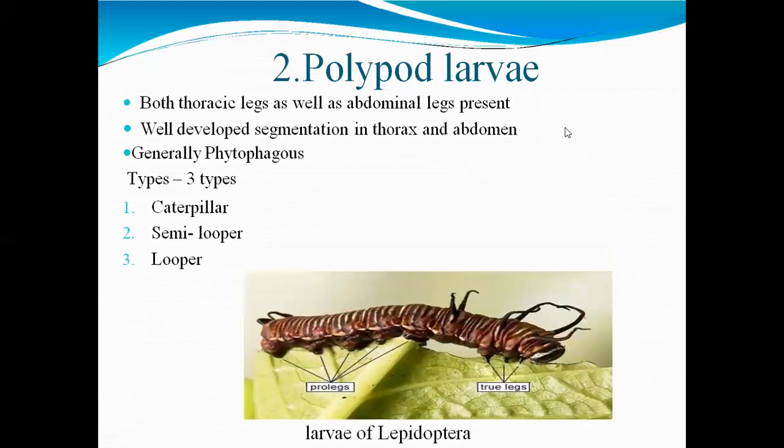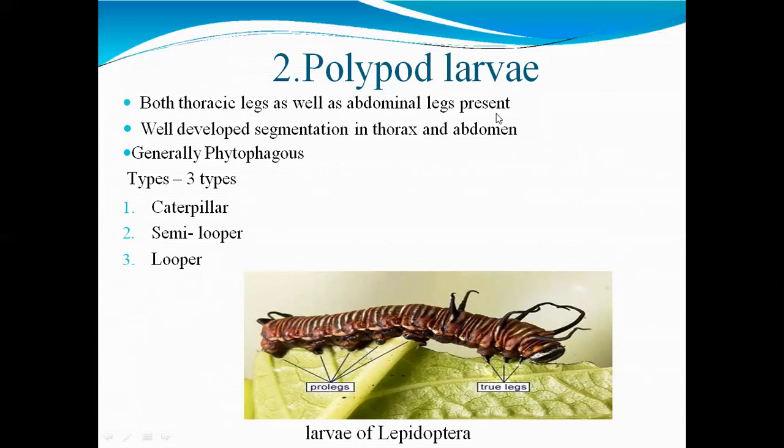Next, the second type of larva is polypod larva. In polypod larva, both thoracic legs as well as abdominal legs are present. There is well developed segmentation in the thorax and abdomen region, so here we see the segmentation in the body of the larva.